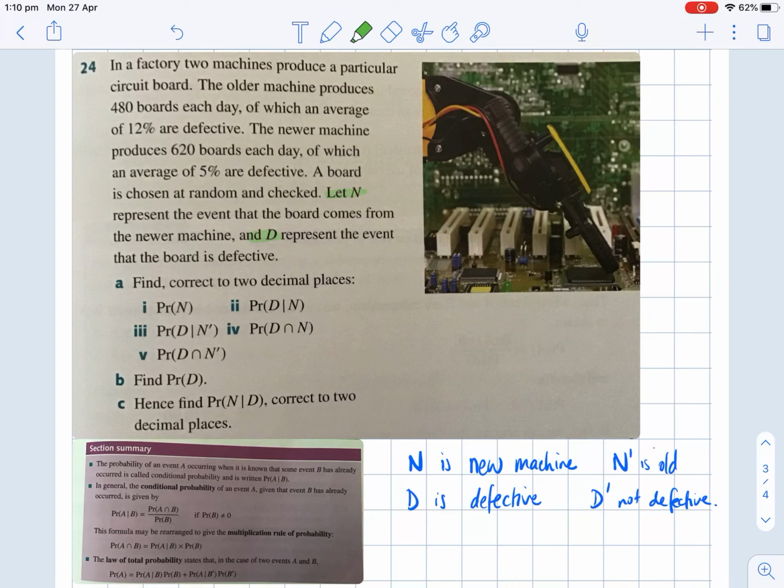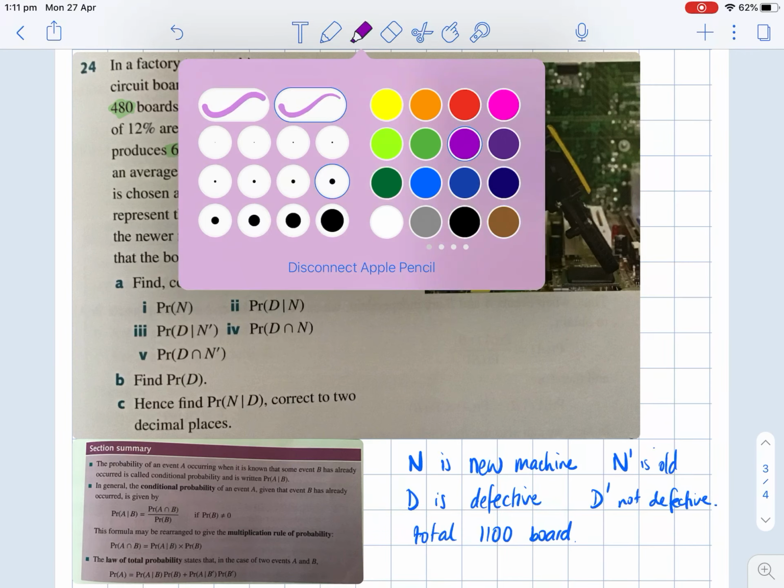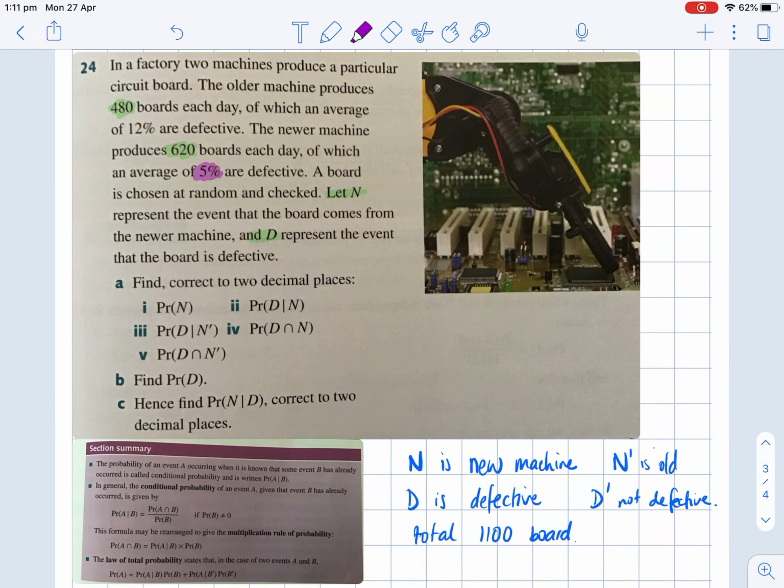We have a total of 480 boards from the old machine and 620 boards from the new machine, so we've got a total of 1,100 boards. And from the new machine, 5% are defective, and from the old machine, 12% are defective.